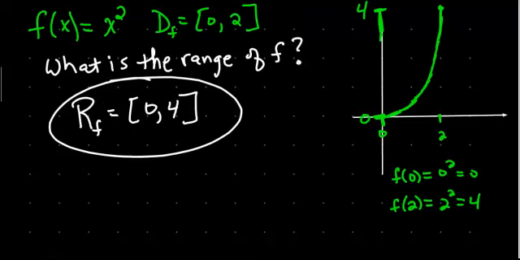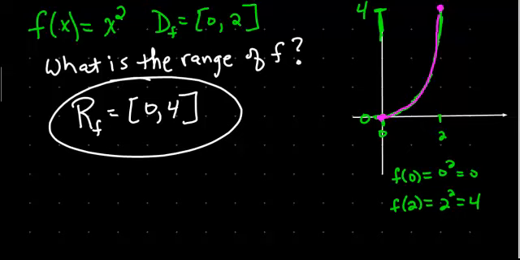Okay, so f of x equals x squared. We want to find the range. So I just sketched the graph here. We went from 0 to 2, and we've seen clearly that that leaves me a range of 0 to 4. And my domain is from 0 to 2.